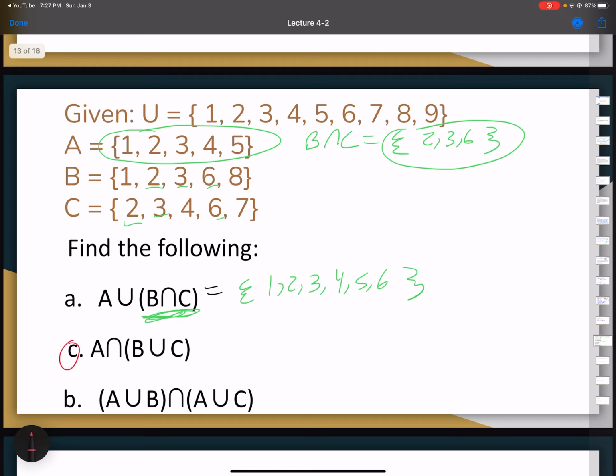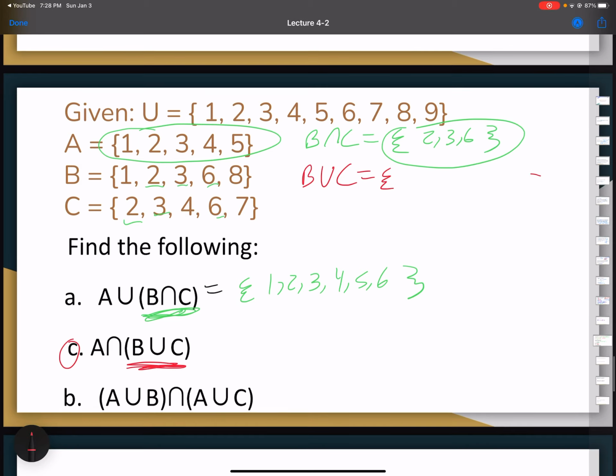For the next problem, A intersect B union C, that's funny. A lot of mistakes in these slides. So for the next problem, we need B union C because we want to do what's in parentheses first. And B union C is going to be everything that's in B and everything that's in C. So we get 1, 2, 3, 4, 6, 7, 8.